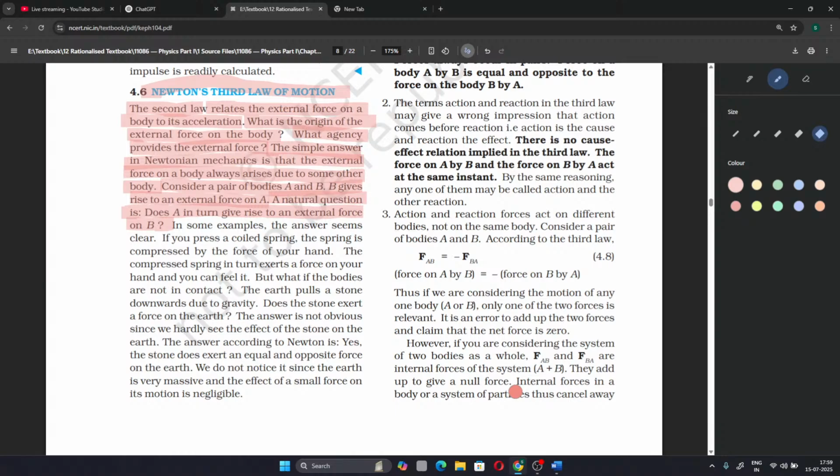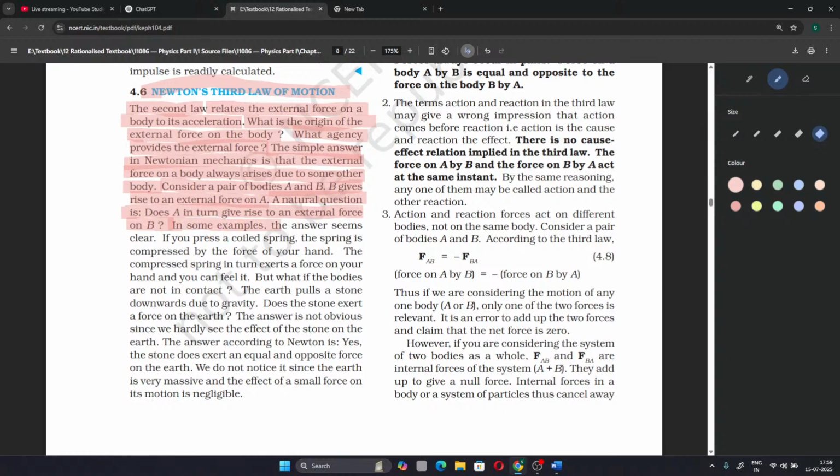When we are pushing something, does that mean only the block we are pushing is experiencing a force, or are our hands, or we as a whole, also experiencing a force? That is the question they are asking here.